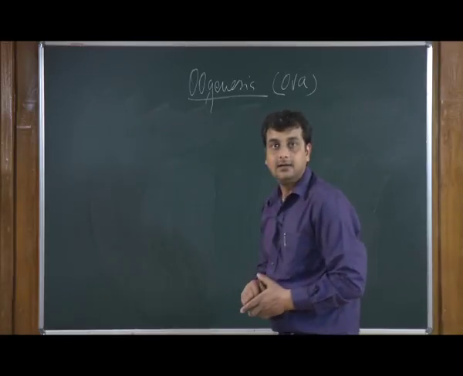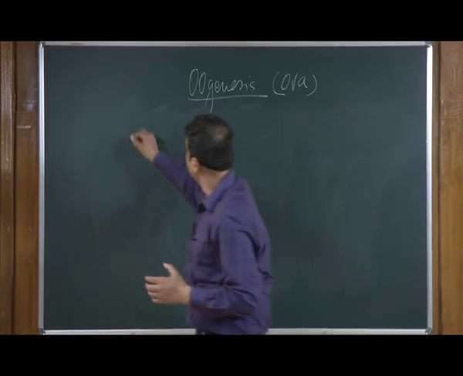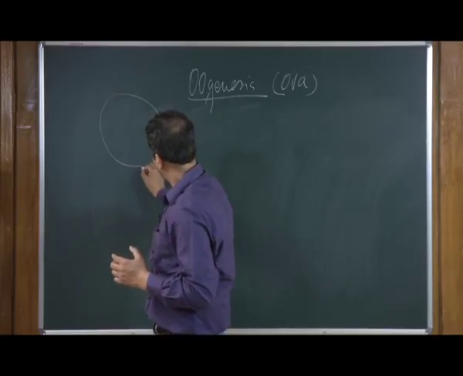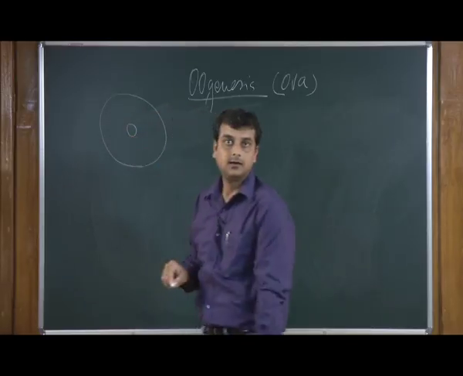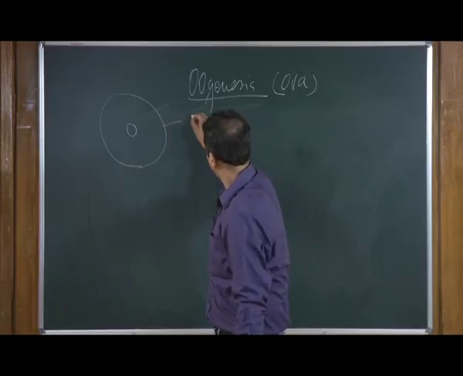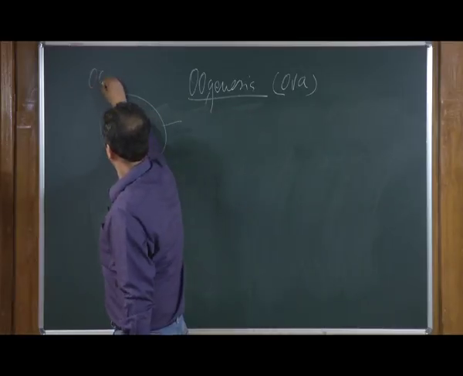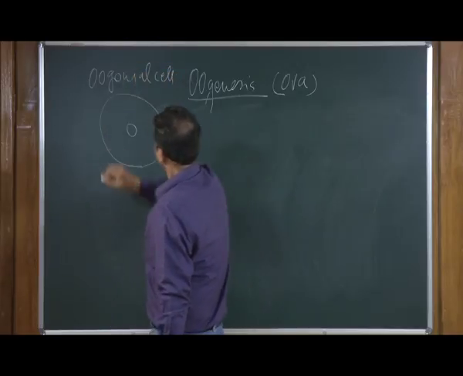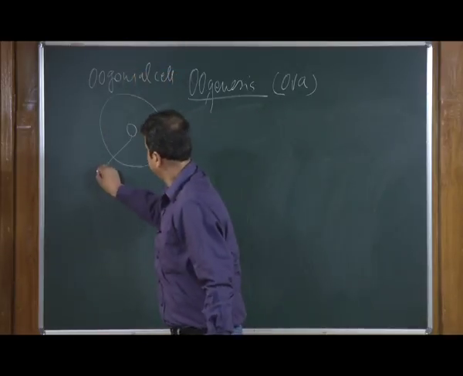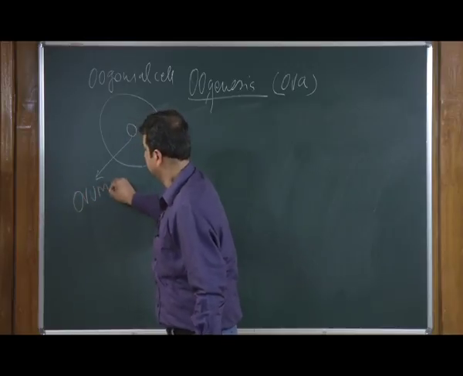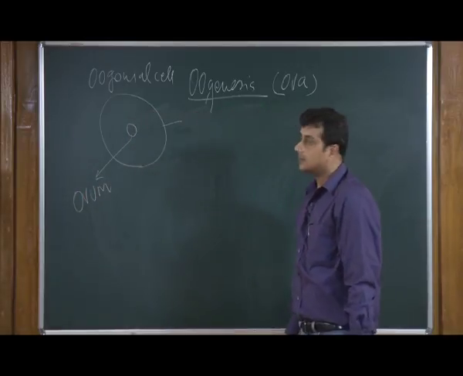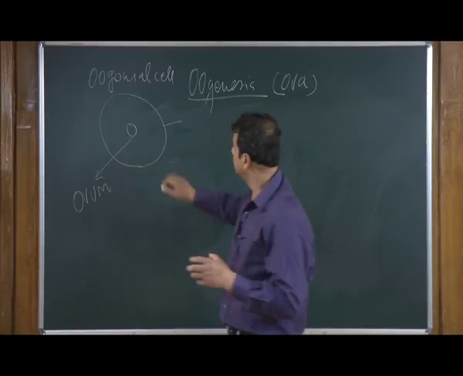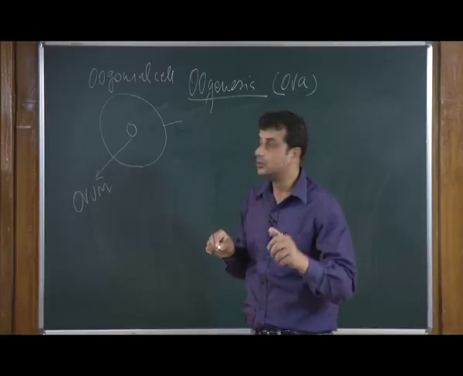What is happening here is that we have this oogonial cell. Suppose this is an oogonial cell, and this is the developing ovum. This oogonial cell is later on converted, and there will be formation of a granulosa layer.